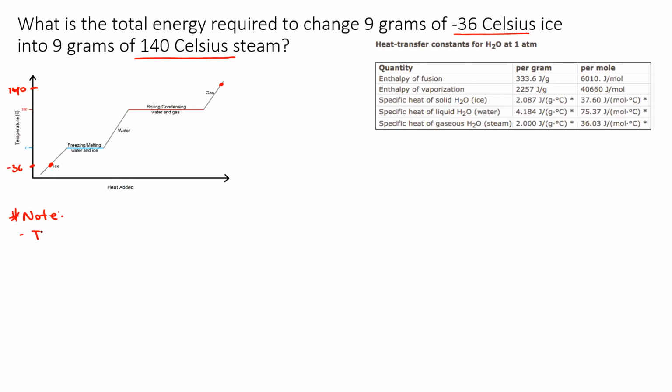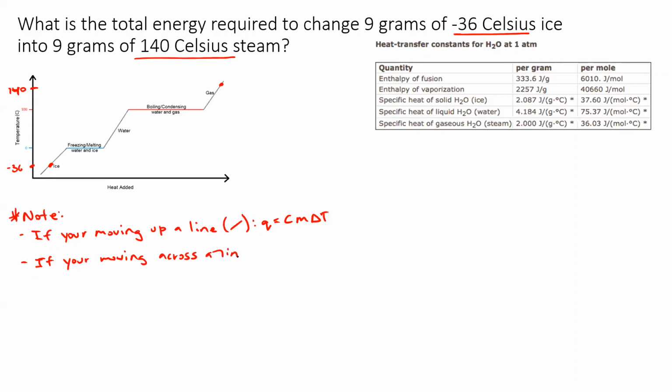If you're ever moving up a line, an upward sloping line to be more specific, you're going to use the equation Q equals Cmat. But if you're ever moving across a line, you're going to use Q equals delta Hg.